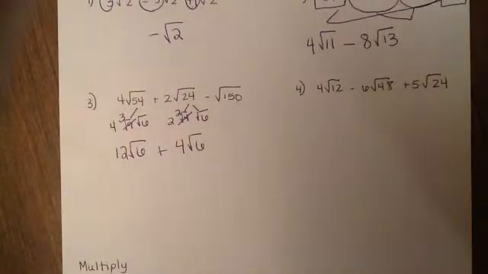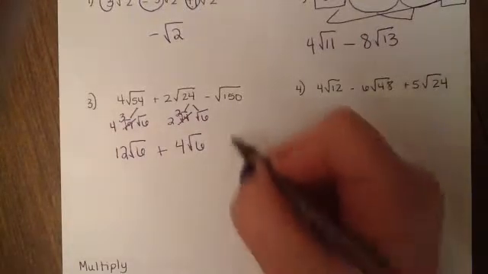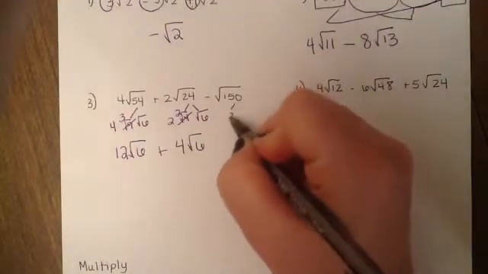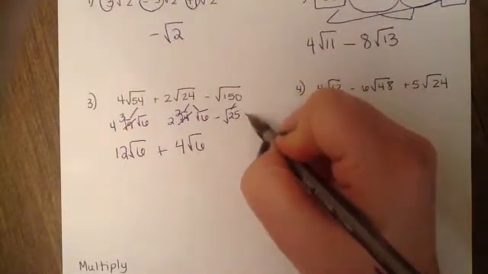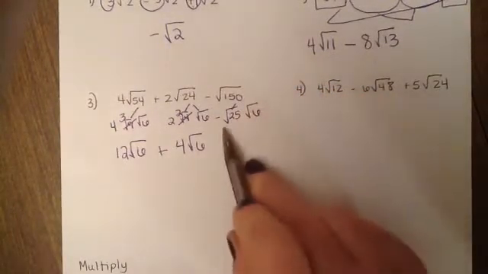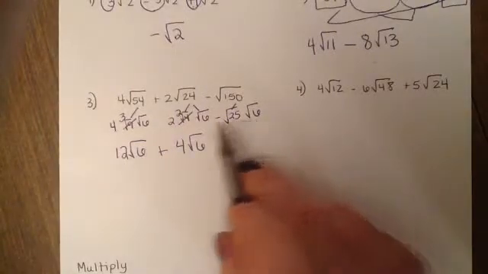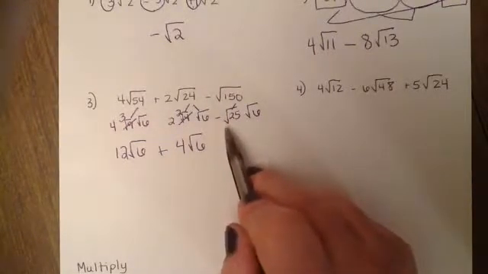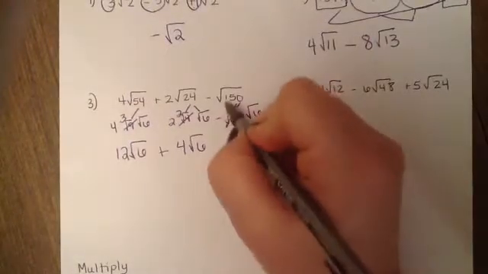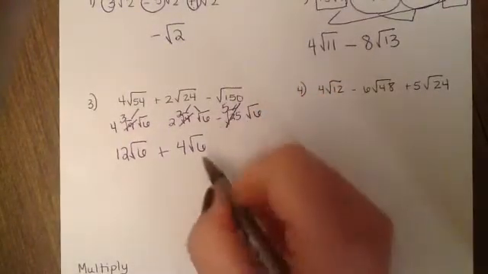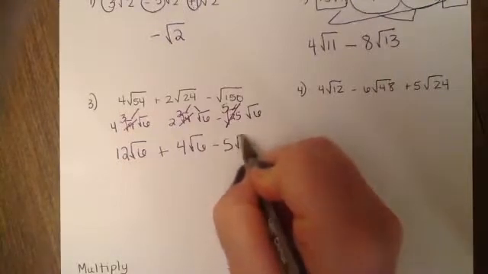Anything on my list go into 150 evenly? 25 and 6. So I'm going to have root 25 and root 6, and it's a minus. What is the square root of 25? 5. So I have minus 5 root 6.